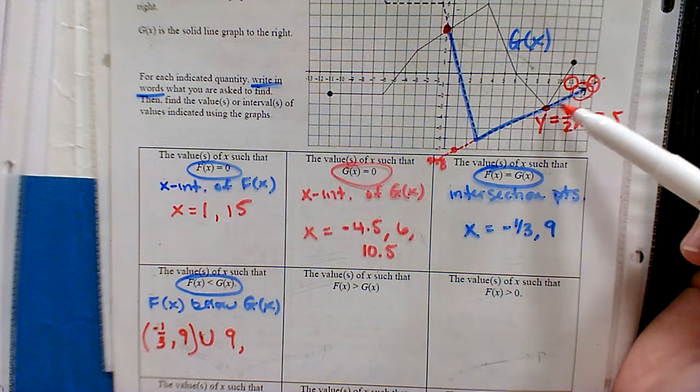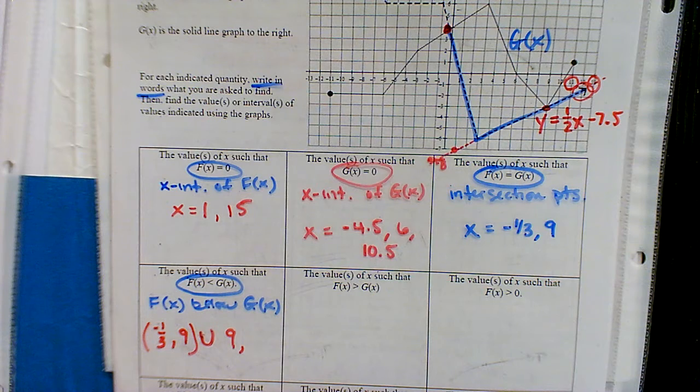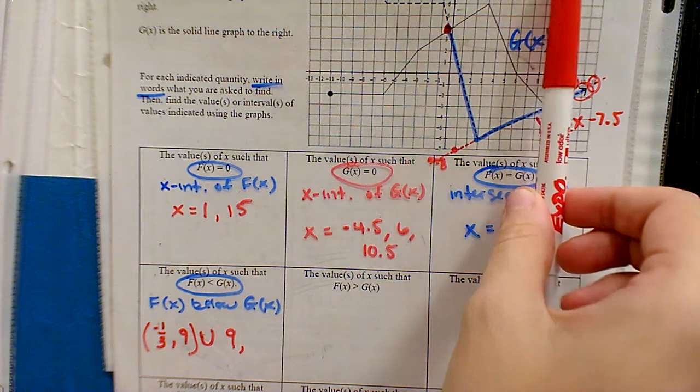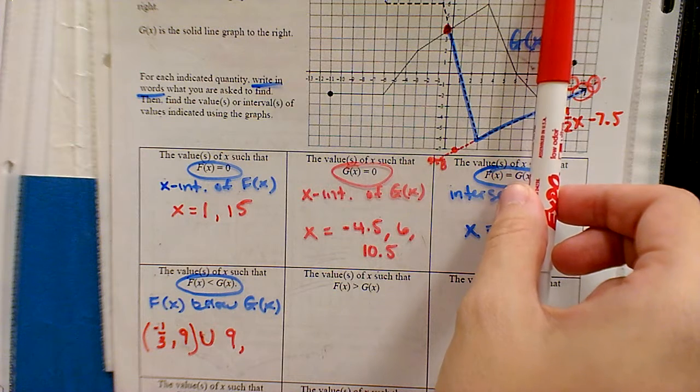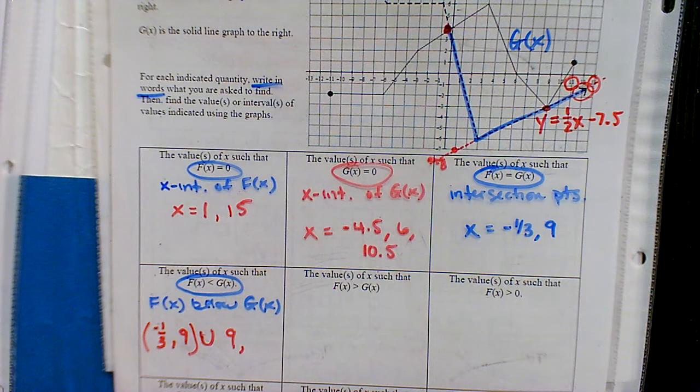Okay, so notice how the blue dotted line would continue forever, right? But if we only want the section where the dotted line is below the solid line, notice how the solid line ends at 11. So anything after that is irrelevant because there is no solid graph to compare it to.